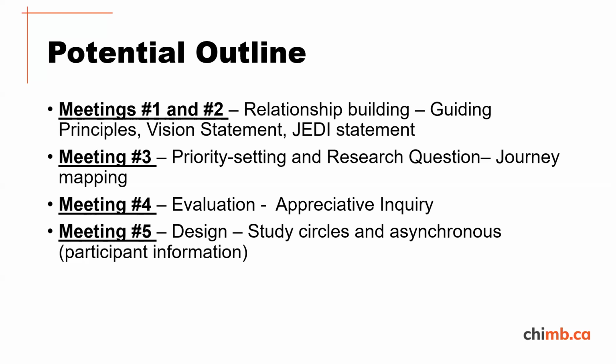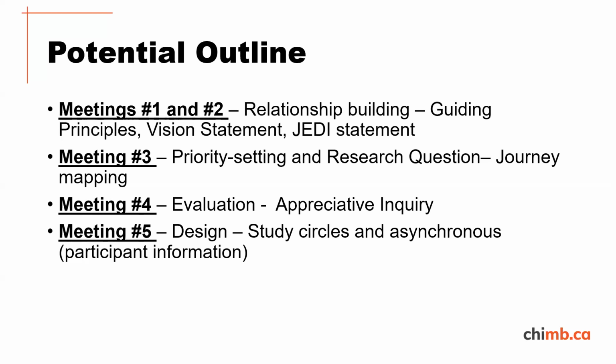So you can do relationship building, guiding principles, the vision statement, maybe a justice, equity, diversity, and inclusion statement. Meeting 3, you could start looking at priority setting and developing your research question. Meeting 4, you can start thinking about how you're going to evaluate the engagement upfront. So, what does success look like? How do we want to measure things and how do we want to evaluate?